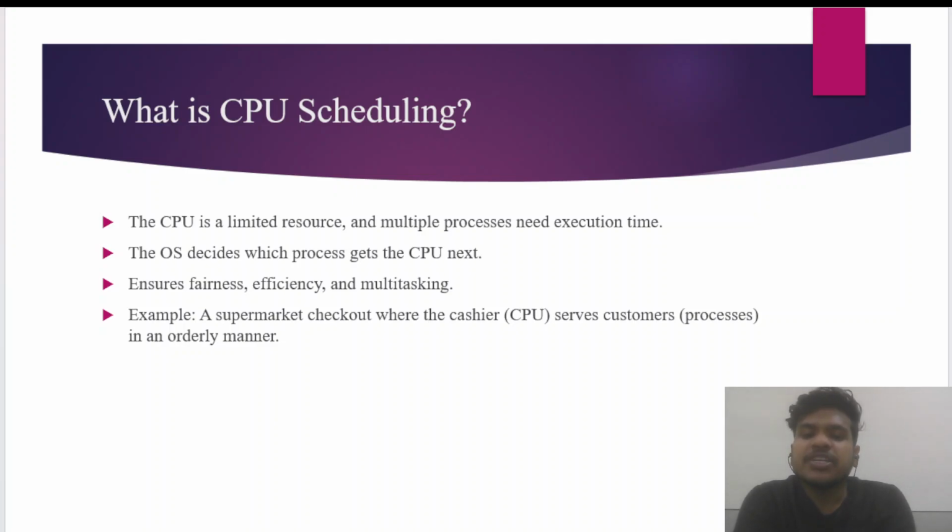The store manager decides who gets served next, sending the next person to the cashier, to the CPU. So to ensure fairness and efficiency, so that each process gets CPU time fairly, we use different scheduling algorithms.